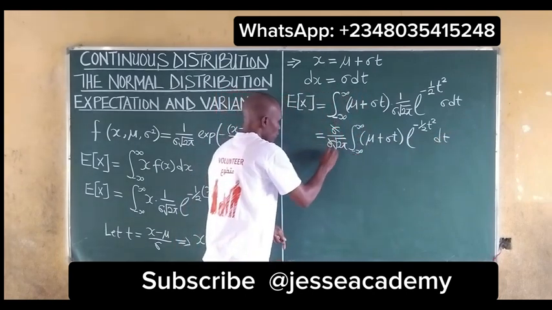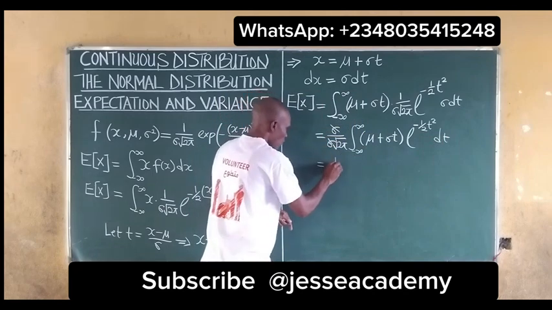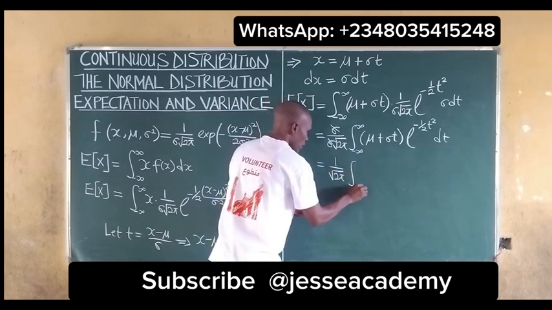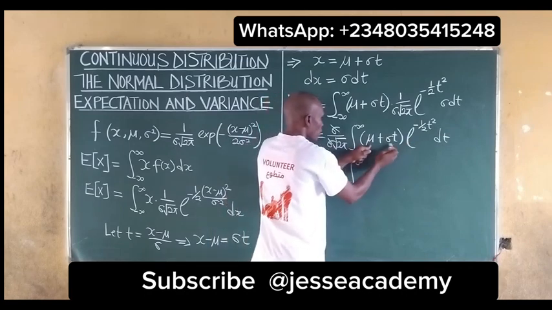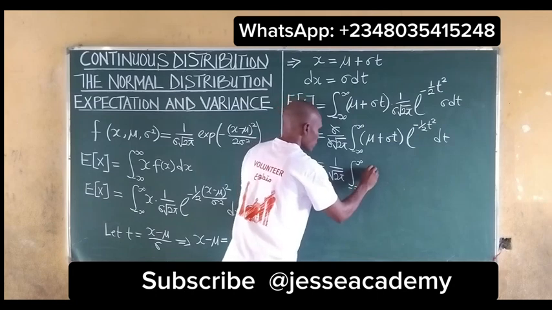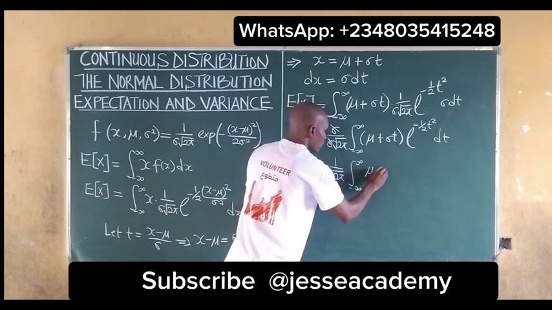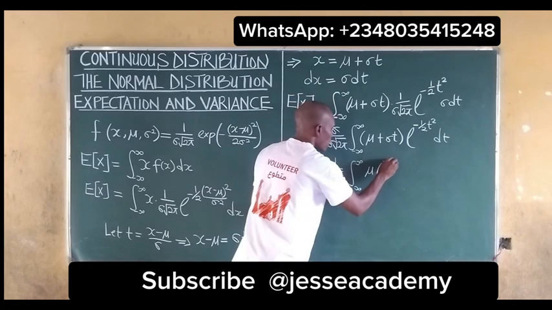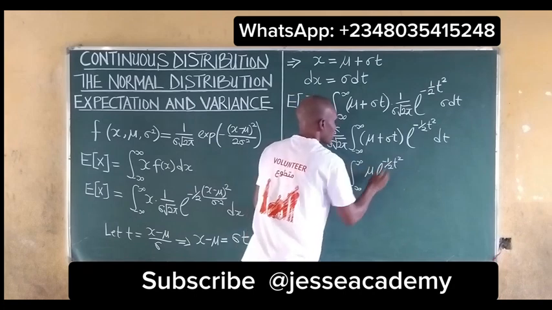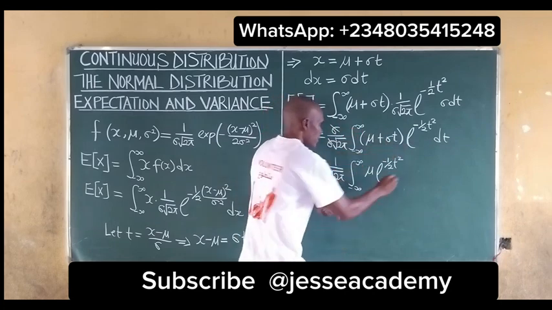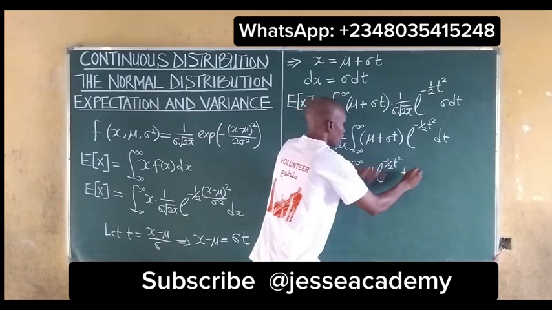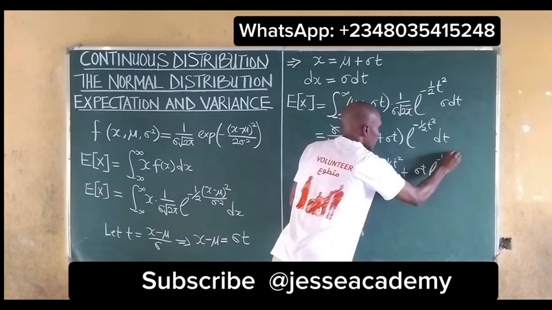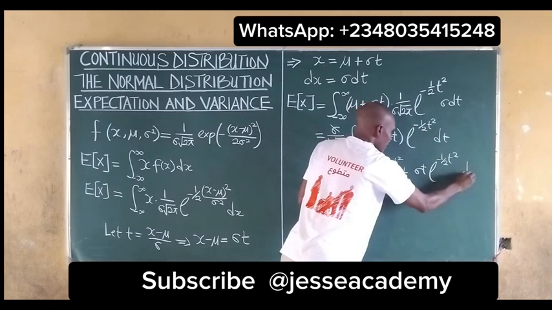Of course, this sigma will cancel this to give us 1 all over square root of 2 pi, integral negative infinity to infinity. This will multiply the whole of this to give us mu exponential negative 1 all over 2 t squared. We are also multiplying this by this, which is plus sigma t exponential negative 1 all over 2 t squared, then dt.